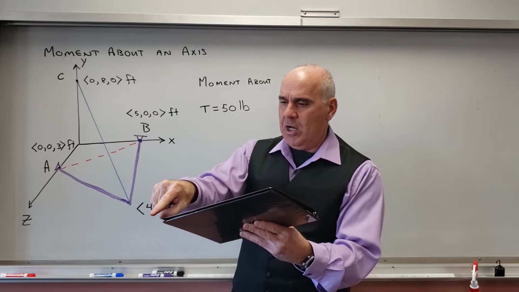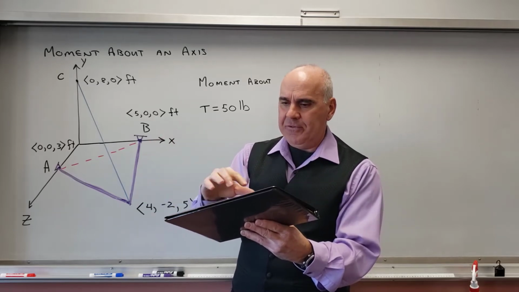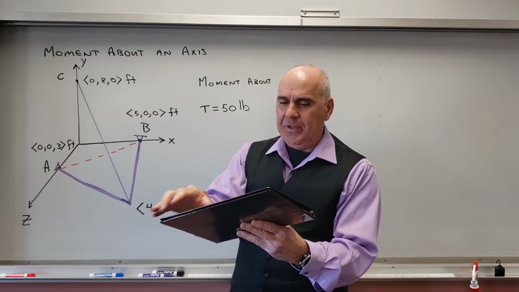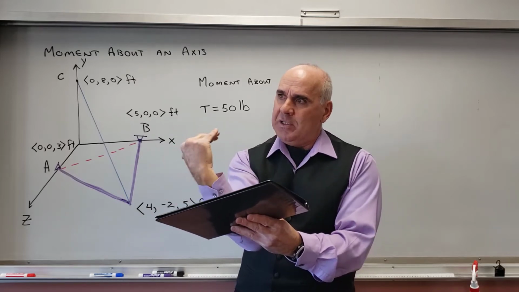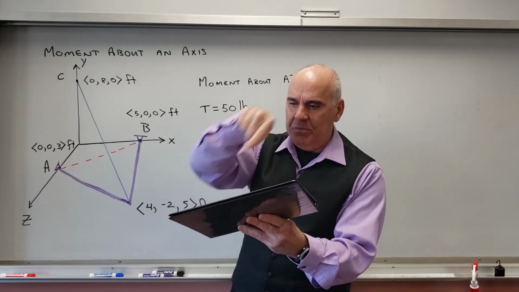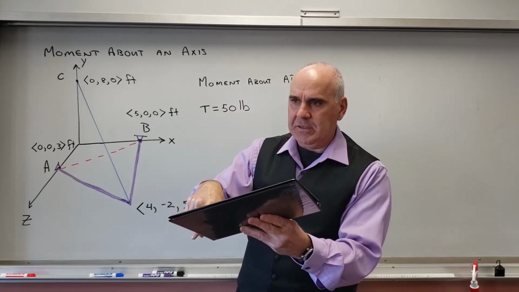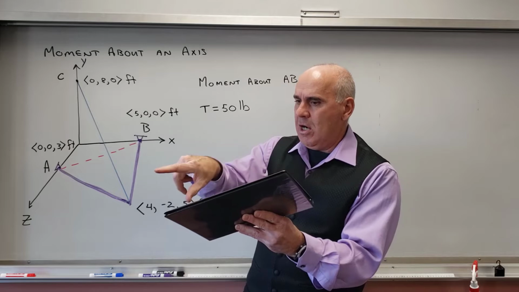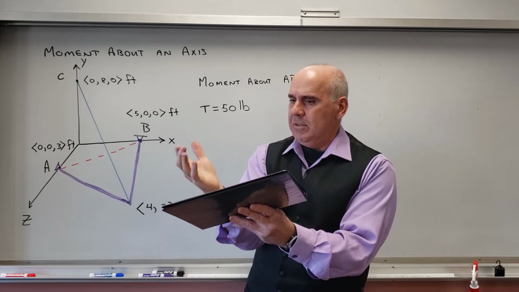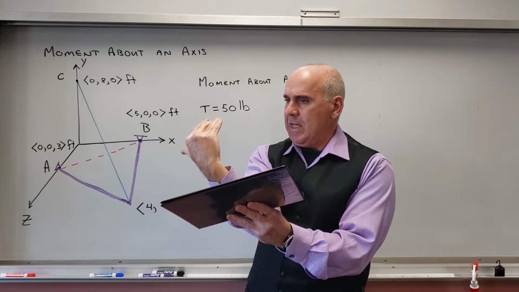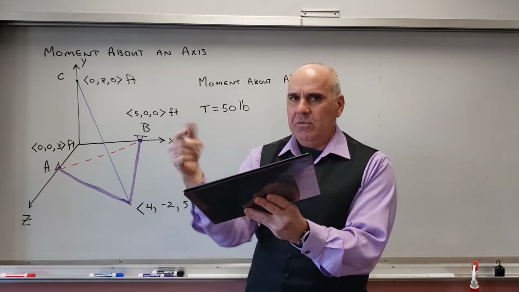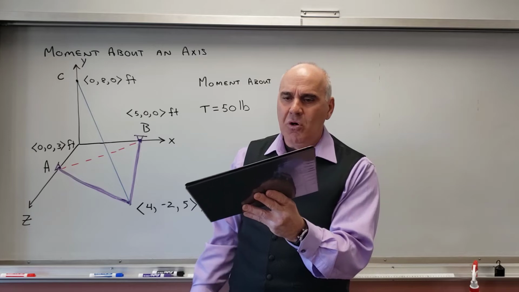So I have r crossed with F, and they're not at 90 degrees. R crossed with F is going to create a moment down in this direction. Fingers in the direction of r, rotate to the direction of the force, so down this way is the moment.